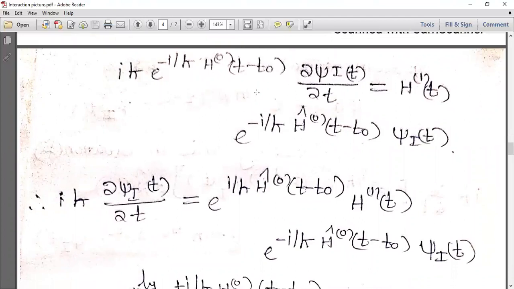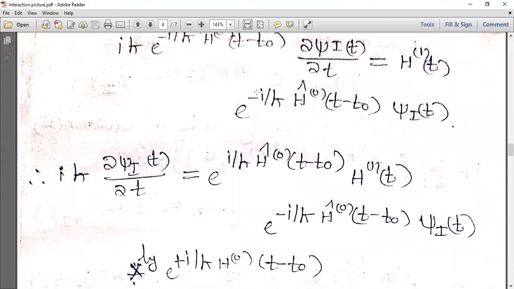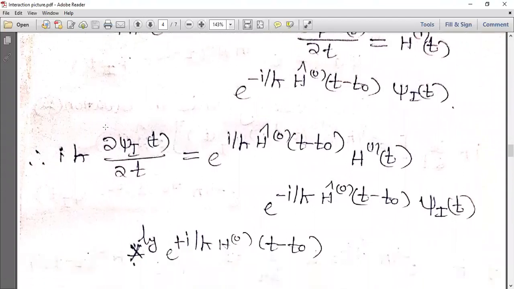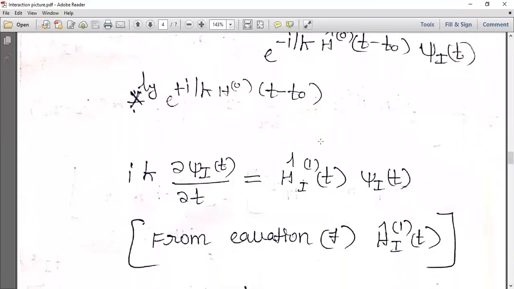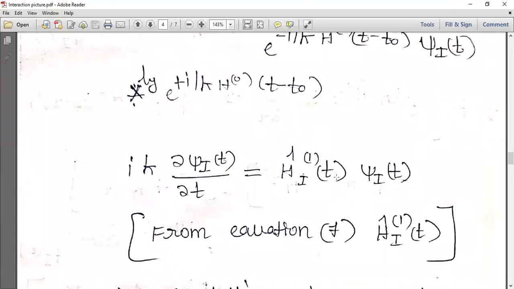Now what we do here is multiply both sides by e to the power of positive i by h cross H naught t to t naught. So here the exponential term will cancel and here it will be added. Now this term we can replace with H cap I of t.